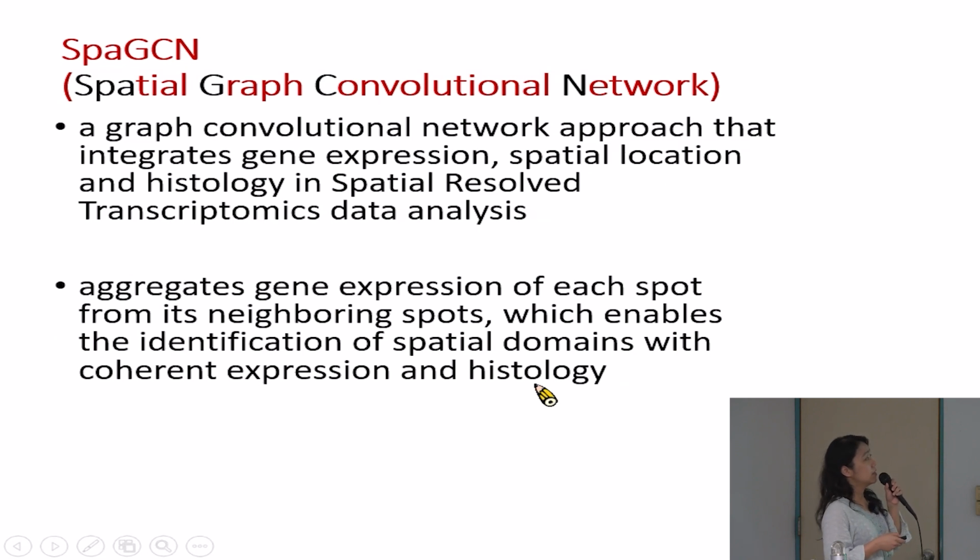This network is a graph convolutional network approach, which will integrate the gene expression, spatial location, and histology, these three types of data, into the spatial transcriptomics data analysis. Then, using the aggregation of gene expression of each spot from the neighboring spots, it will define the specific domain coherent to the gene expression and histology.